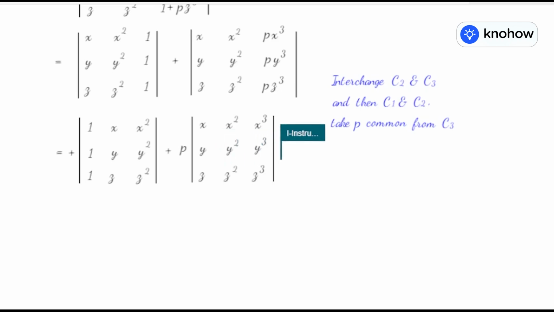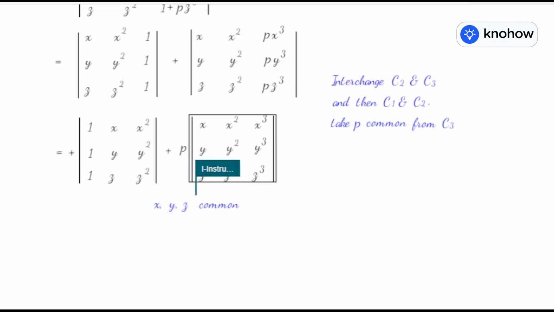Now keep the first determinant as such, and from the second determinant, take x, y, z common from row 1, row 2, and row 3 respectively. At a time we can take a number common from any one row or column.